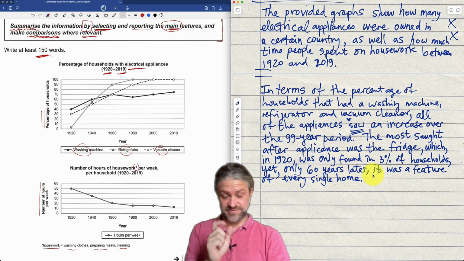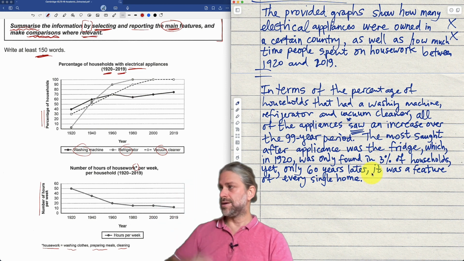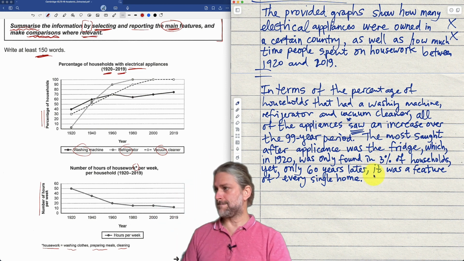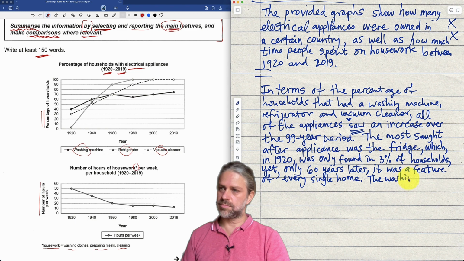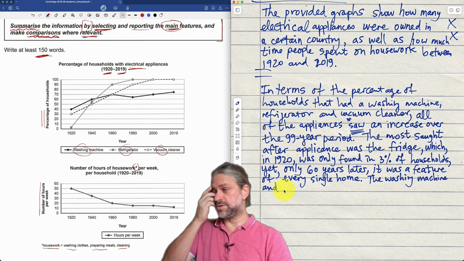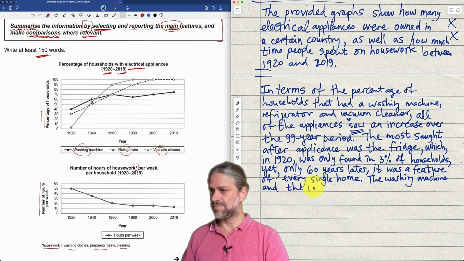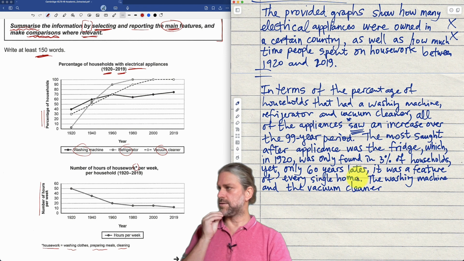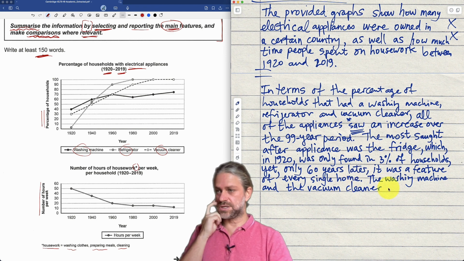Now we're going to use the word respectively. We're going to see if we can use that. The washing machine and the vacuum cleaner increased.